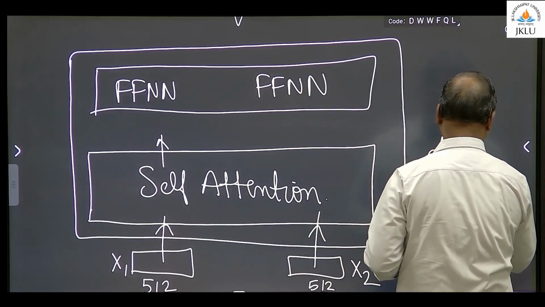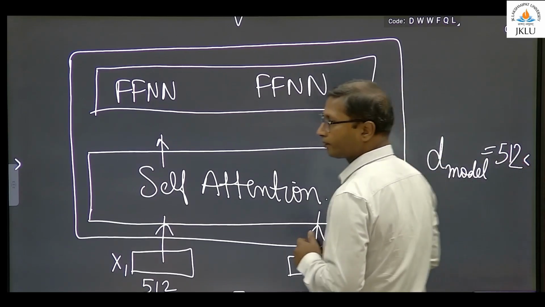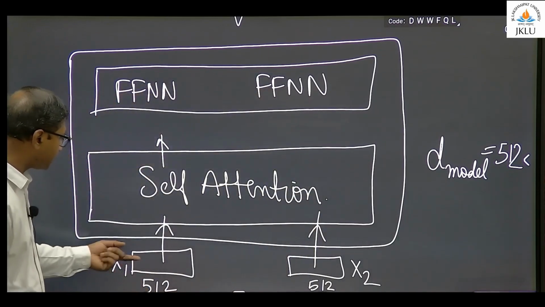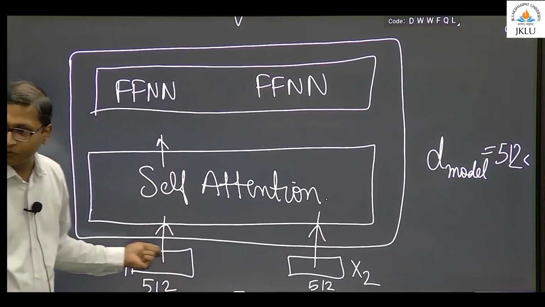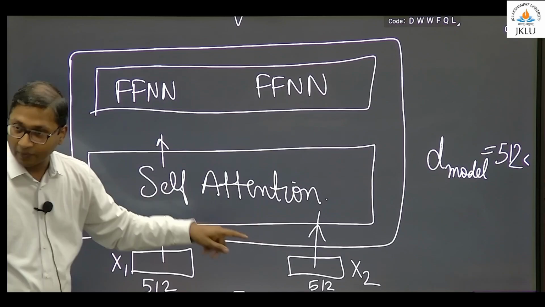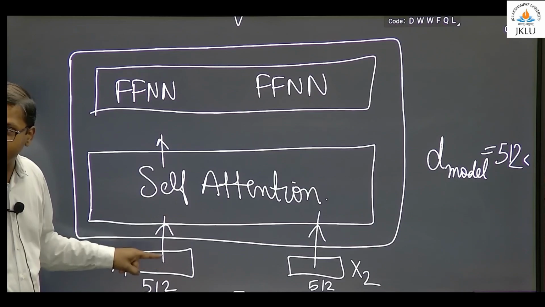D model equals 512. 512 means how many inputs am I taking? For the illustration we are drawing just 2, but every vector is 512 dimensional.